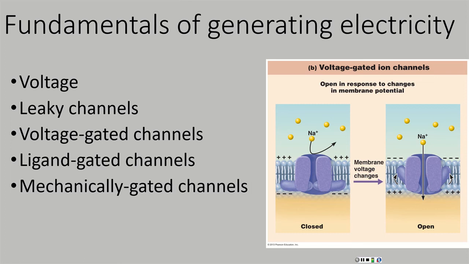Voltage, for this class, we can just simply talk about separation of charges. And that just means that there are going to be some charged particles on one side of the membrane and some charged particles on the other side of the membrane.